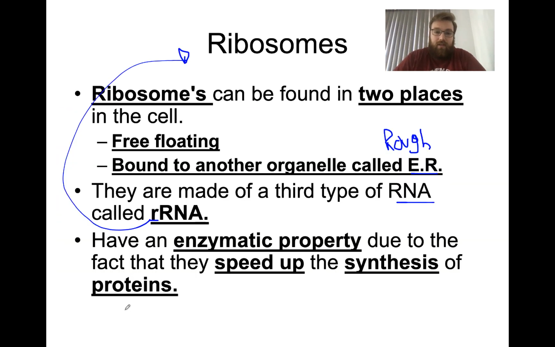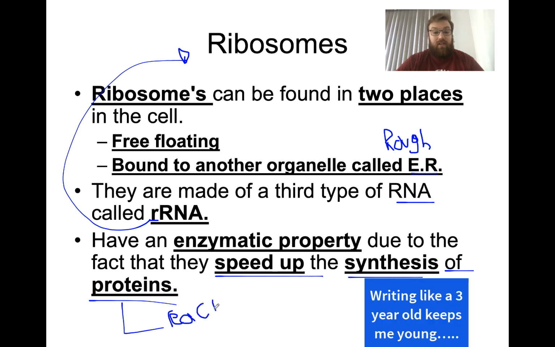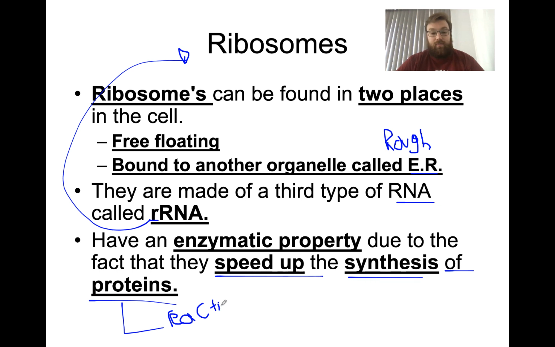There's a more complex name for that, but we don't have to get into that. So if you see enzymatic property, that's just because it speeds up reactions. We said ribosomes speed up reactions. They're catalysts. So when we say synthesis of proteins, that's our chemical reactions.